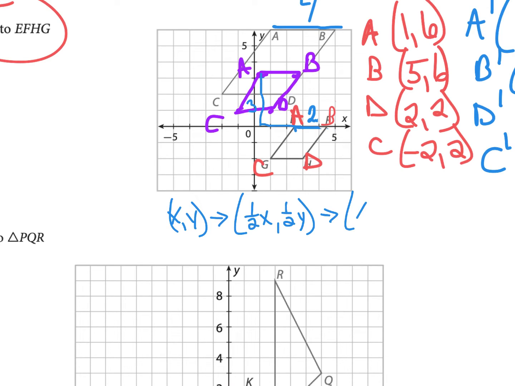Then goes to x plus 2, y minus 3. Let me put that in pink. Down 3 over 1, 2. And that's how I write the transformations.